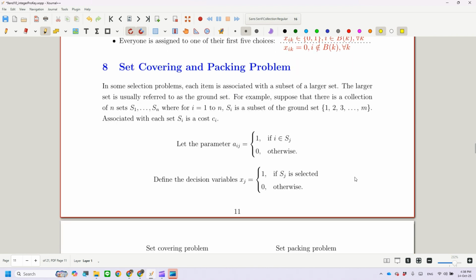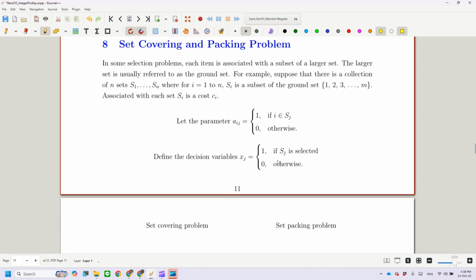Maybe it's easier to look at the problem instead. We have parameters a_ij, where a_ij is 1 if I is in the set S_j and 0 otherwise. The decision variable x_j is 1 if set S_j is selected and 0 otherwise.